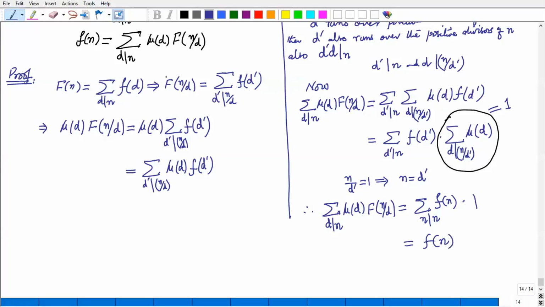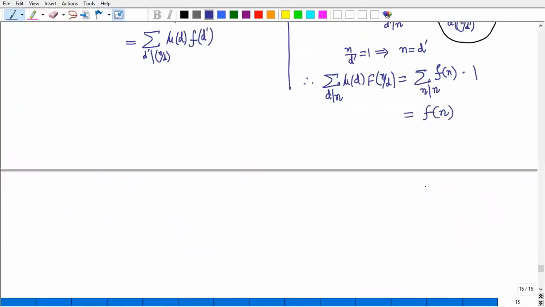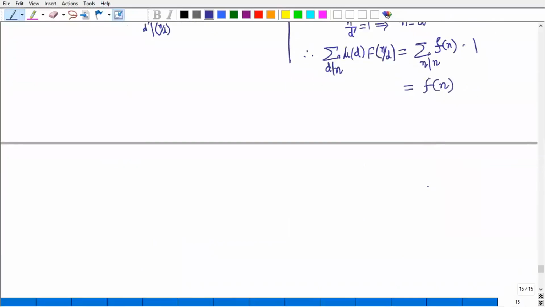So this formula is called the Mobius inversion formula, and there is another form of the Mobius inversion formula as well. The form is f n equals the sum where d runs over the divisors of n, mu d f n by d.